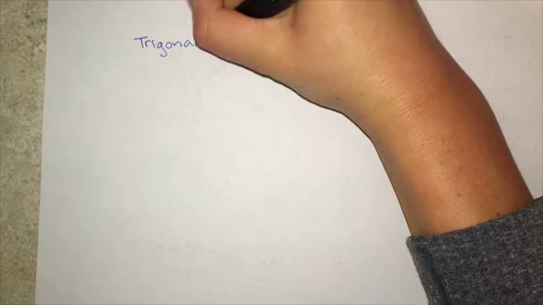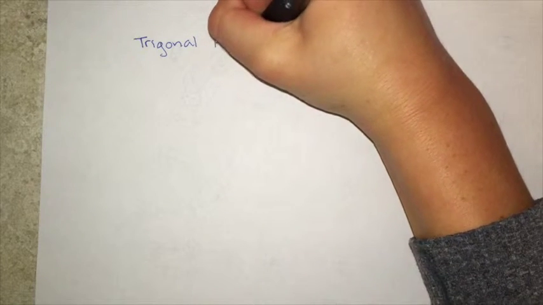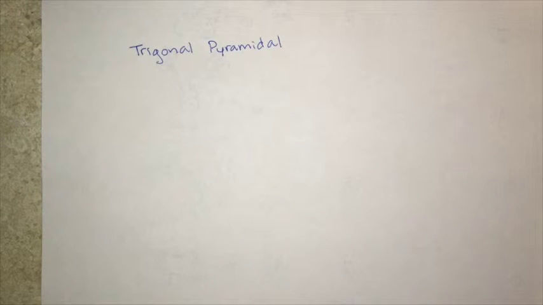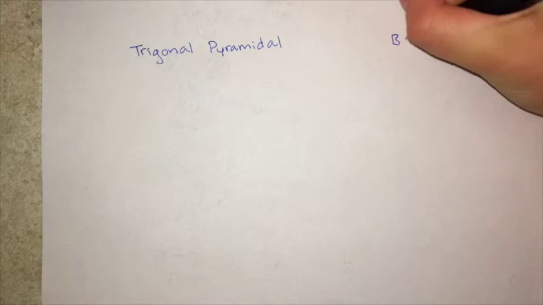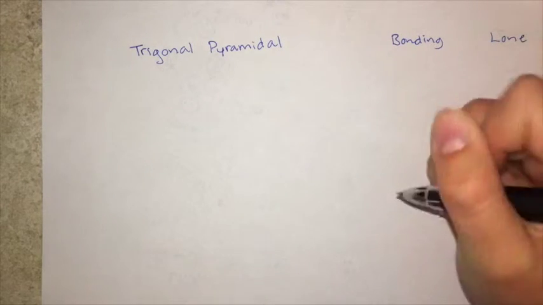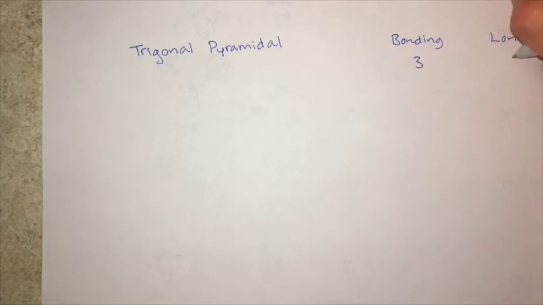Next one we're going to look at is a trigonal pyramidal molecule. This molecule is going to have 3 bonding pairs and 1 lone pair. So bonding and lone, 3 and 1.